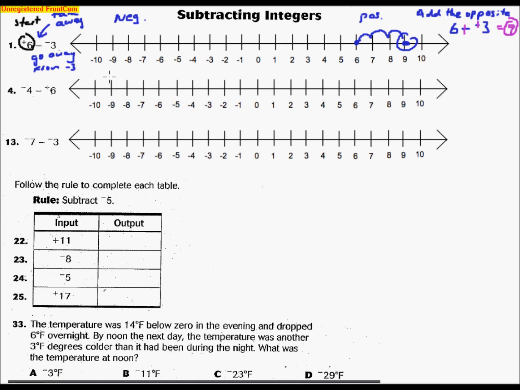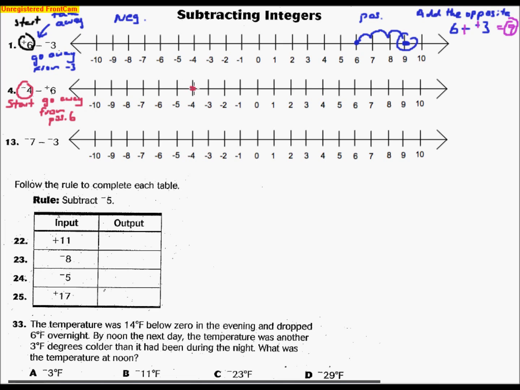Let's take a look at the next one. You always start at this first number here. So this is our starting point. We start at -4 on the number line. And here we are taking away positives. If we're taking away positives, this means we go away from positives, positive 6.